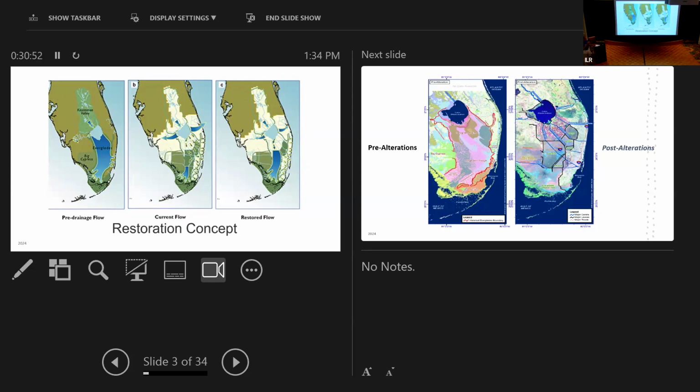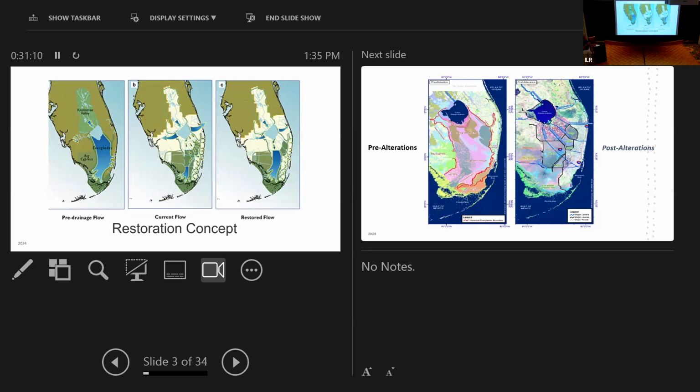That system was changed by the creation of the Everglades Agricultural Area and by the water conservation areas. The whole concept was to get the water off the land. It was a flood control district, and that's what we all knew them by.